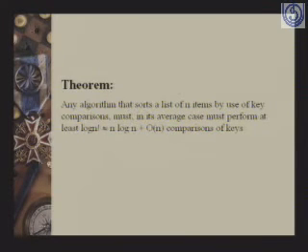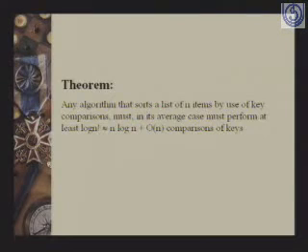So with this discussion of comparisons, we have come to a very important result which has been proved mathematically. This result says, please look at the slide, any algorithm that sorts a list of n items by the use of key comparison must in its average case perform at least log n factorial comparisons, that is, the minimum number of comparisons on the average is about n log n.